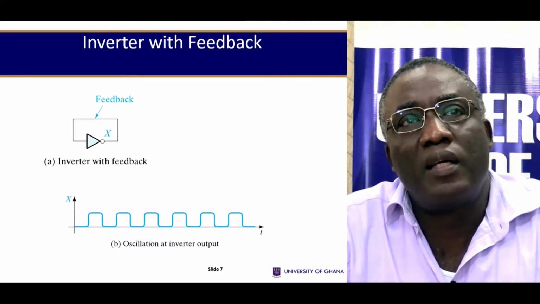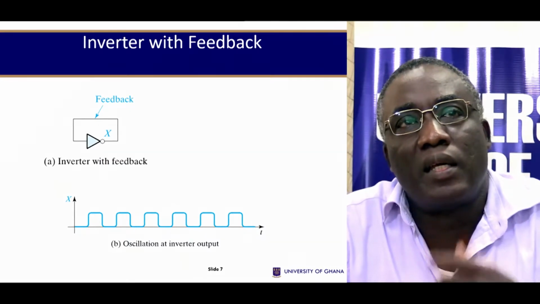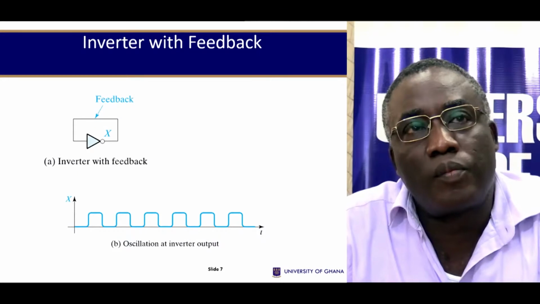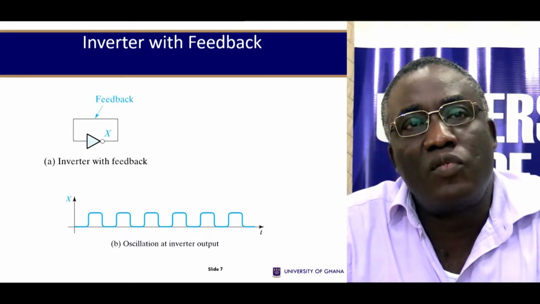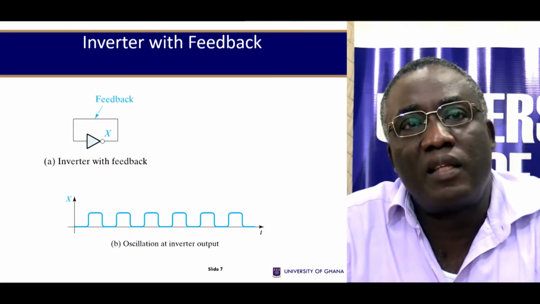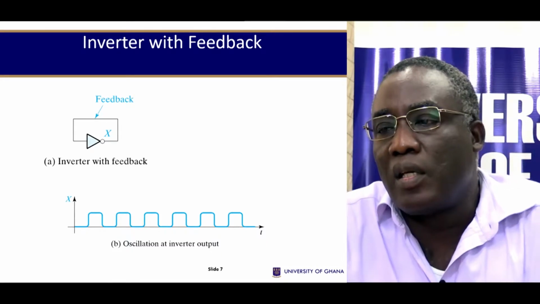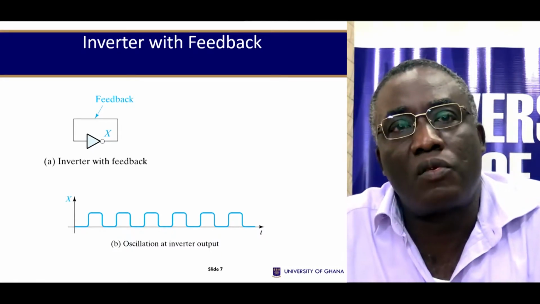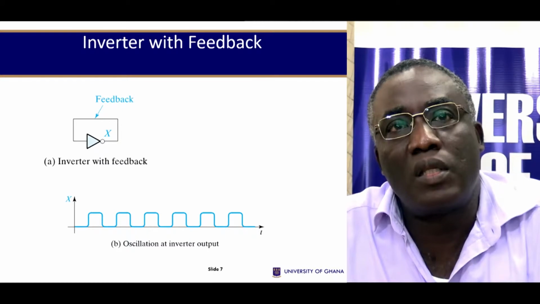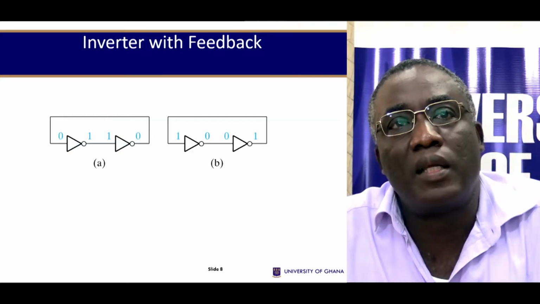Then that goes back and gives you what? A 0 here gives you a 1. So what do you have? You have an oscillating thing, an oscillation of the input. This will keep oscillating.